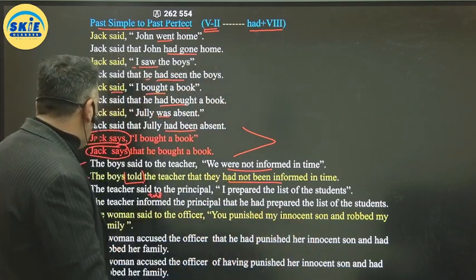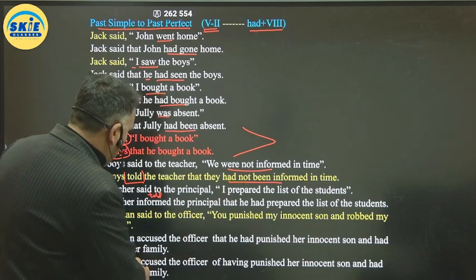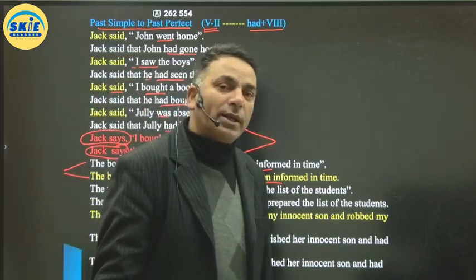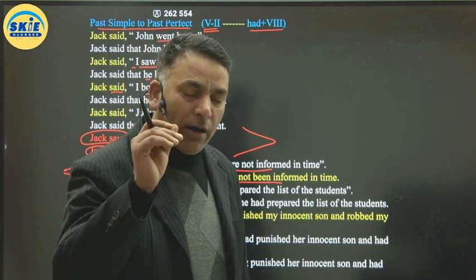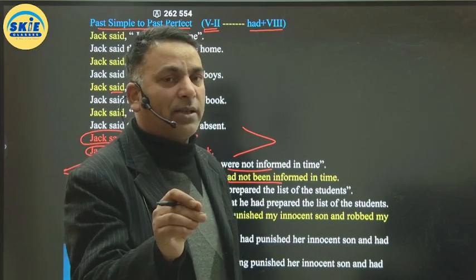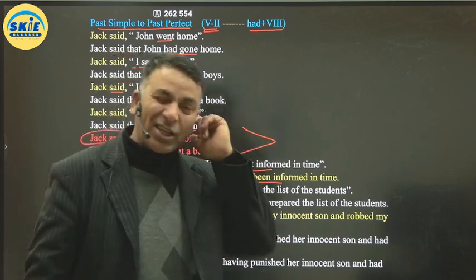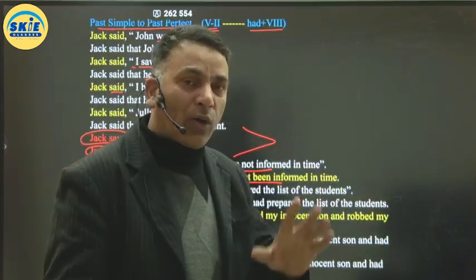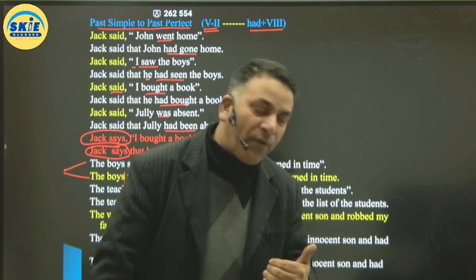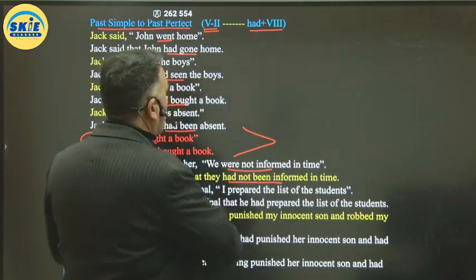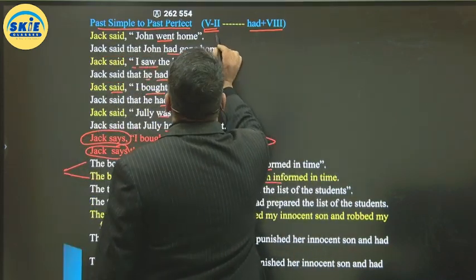So, you can also simply say, the woman told the officer that he had punished her innocent son and robbed her family. So this is why I say that told and asked are very often on the safer side, right? Now this is about past simple.